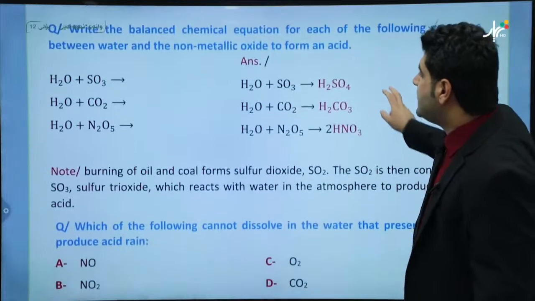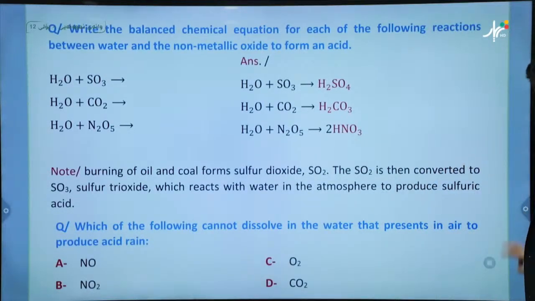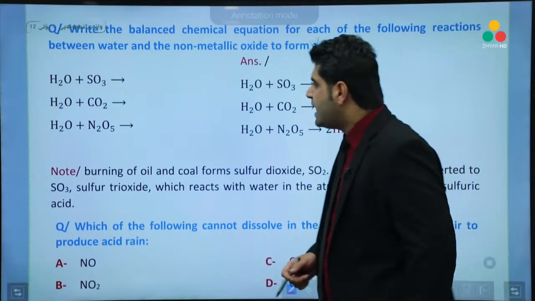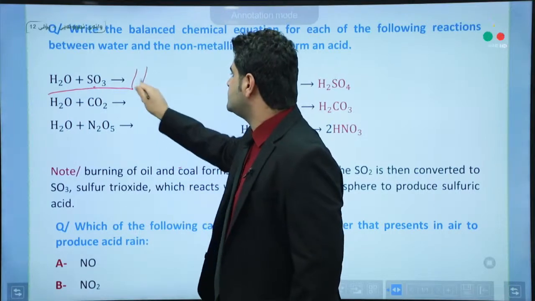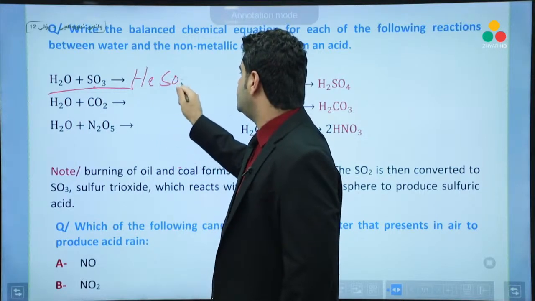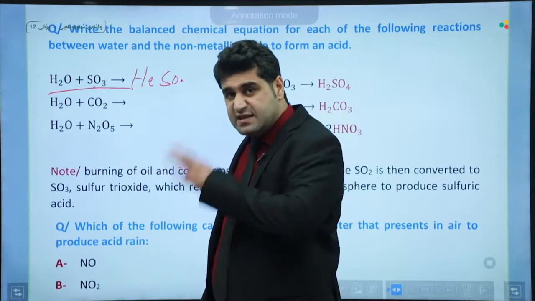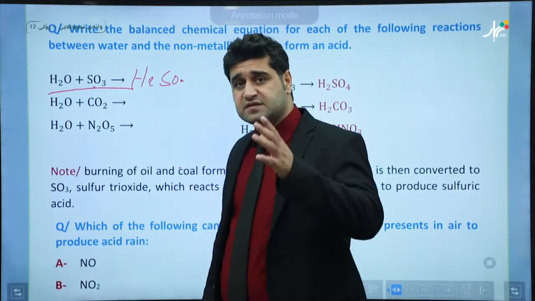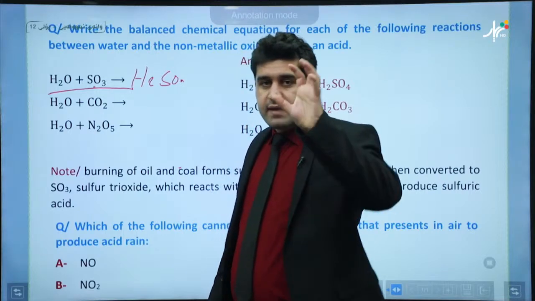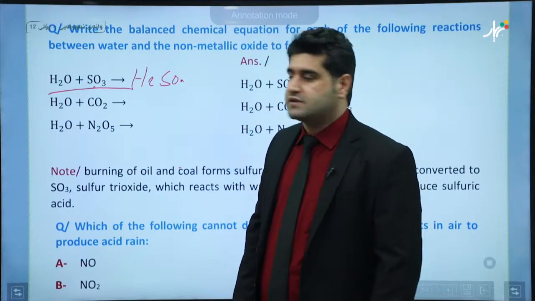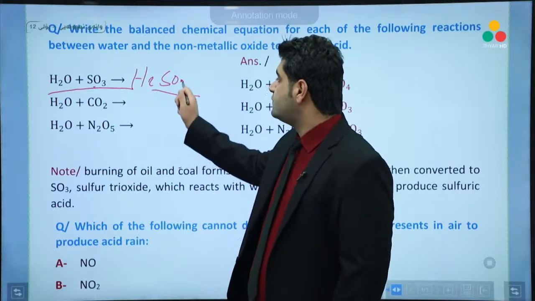Okay, write the balanced reaction for these chemicals with water. We have SO3 plus water. It has sulfur, so it will be H2SO4. For you here, it doesn't matter how many steps it takes. We are only concerned with the main product, which is H2SO4.